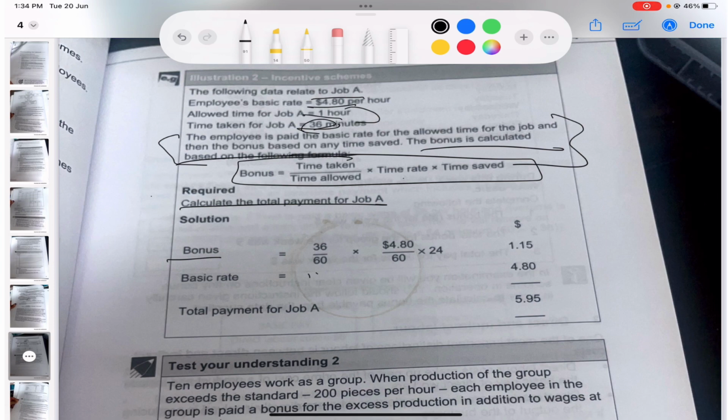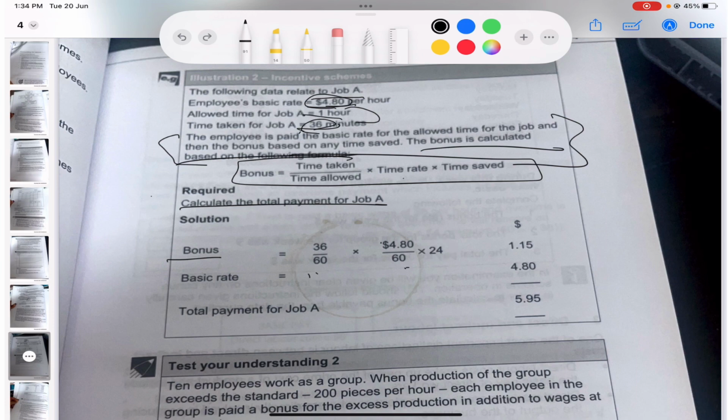Now what is time rate? Time rate is the basic rate. So time rate is 4.80 per hour, but since everything is in minutes, you will divide it by 60, because you are also doing it in minutes, right? So time rate would be 4.80 per hour divided by 60, multiplied by the time which you have saved. So you have saved 60 minus 36, which is 24.